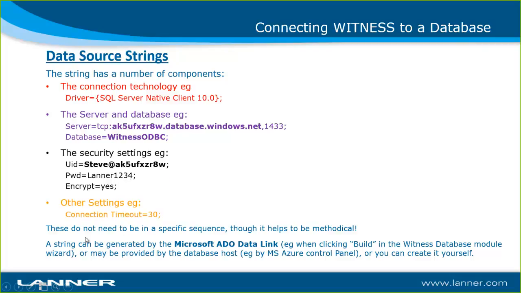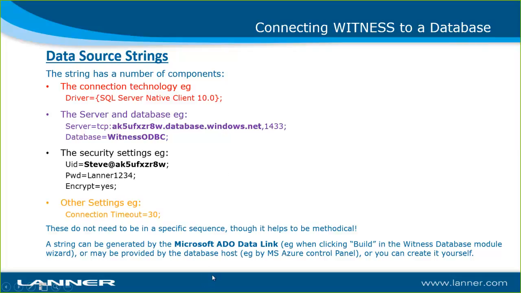And there are various ways that the string can be generated. One way is through the ADO link which Microsoft provided, which is something that's brought up when you're creating a database module in Witness. We'll come back to that again in a moment. You may actually be able to get the string from your host or wherever the database is being held.